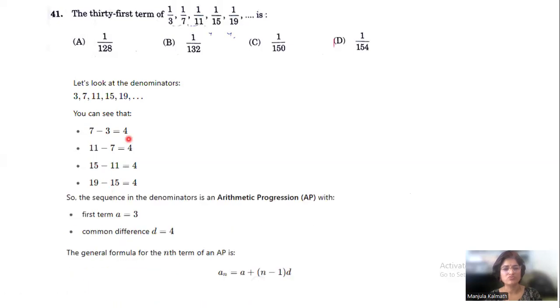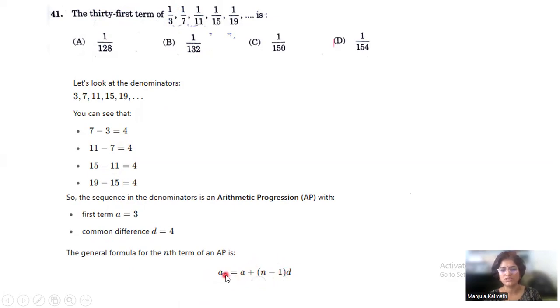The initial term is 3, the common difference is d equals 4, and the n value is given as 31. The formula to find the nth term using arithmetic progression is a of n equals a plus n minus 1 into d.